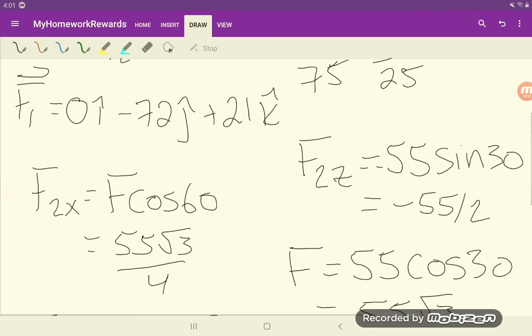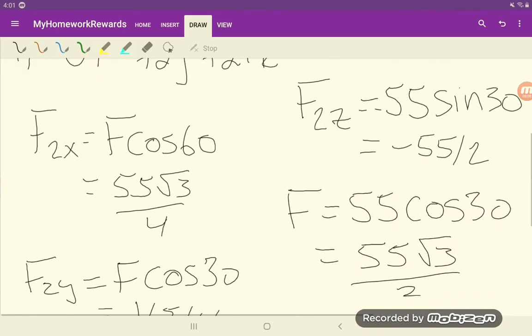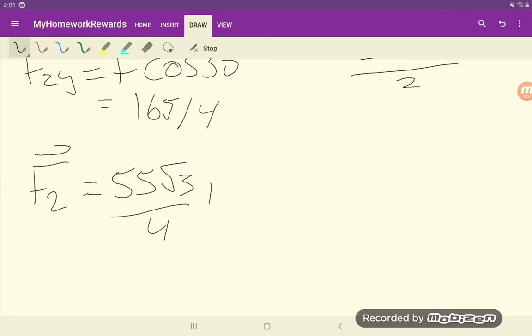So now we have the x, y, and z components. We can write this out. F2 is equal to 55 root 3 over 4 i in the positive direction.